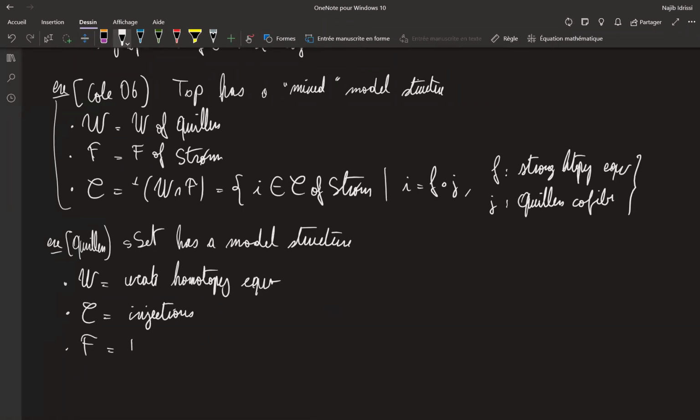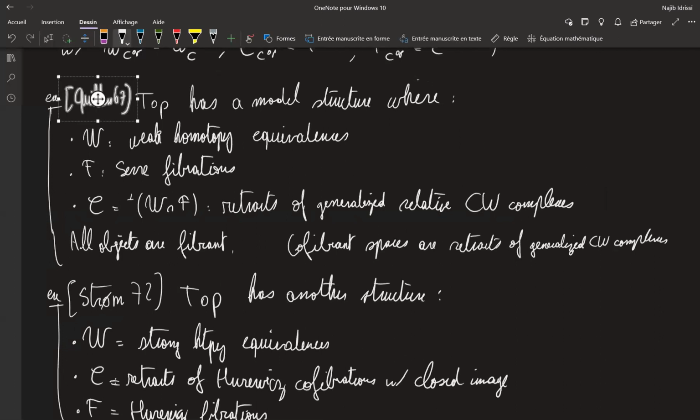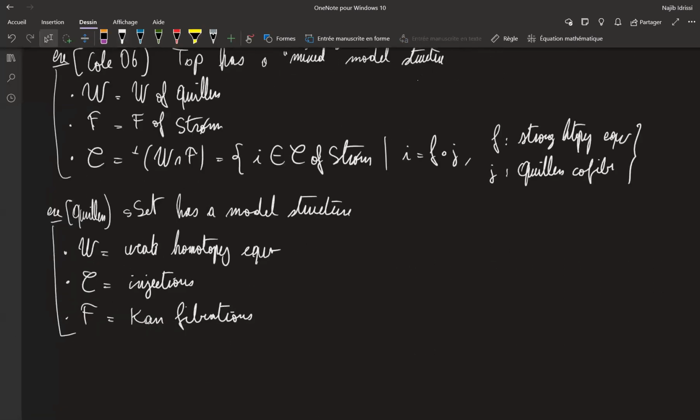And fibrations are Kan fibrations. And we are going to see in chapter 2 that this model category is equivalent to this one, in a sense that we are going to define later on, which will basically say these two categories have equivalent homotopy categories, right?